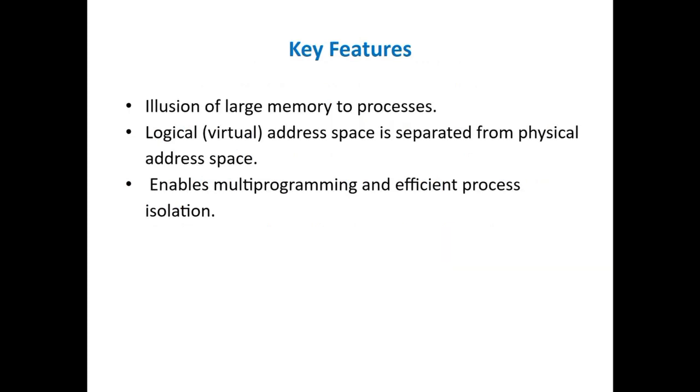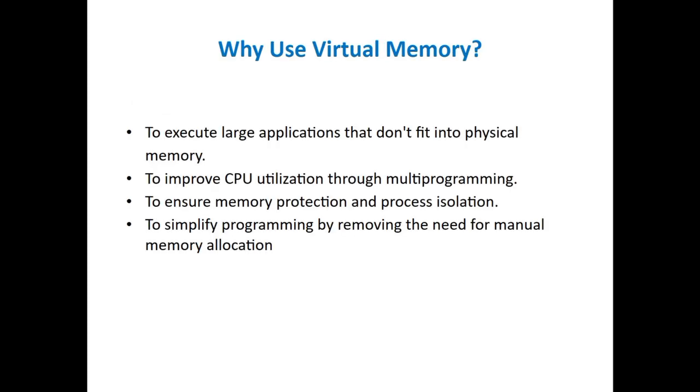Key features of virtual memory: illusion of large memory to processes. Logical address space is separated from physical address space. Enables multiprogramming and efficient process isolation. Now, why use virtual memory?